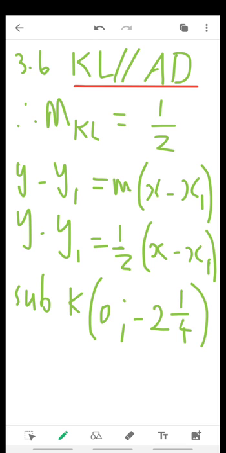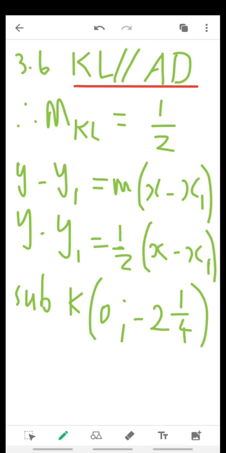AD. Okay, that's good. So using my second form of an equation of a straight line, I said y minus y1 equals m times x minus x1, where m is half. Then I substitute what? You don't just substitute any point. You substitute a point that lies on the straight line that you are being asked about.